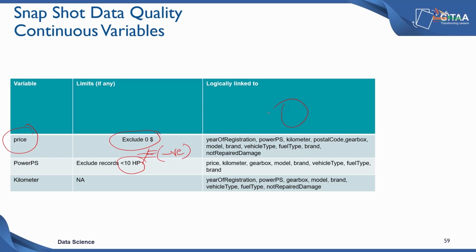So you have, let's say, a Volkswagen limousine, and then there's a particular subtype. From the manufacturer definition of that car, we know the kind of range within which the power PS will have to appear. Whether there are certain types of cars which can only have automatic gear, cannot have manual gear, etc. So this item is really to spell out the kind of logical linkages that each variable is likely to have with the other variables, and see whether you can use this sensibly in cleaning the data, in preparing the data for any further analysis.